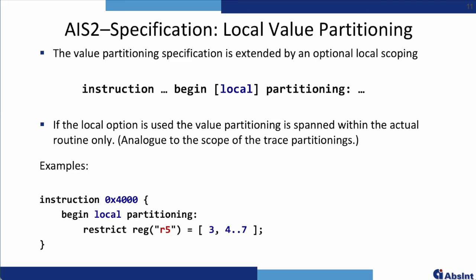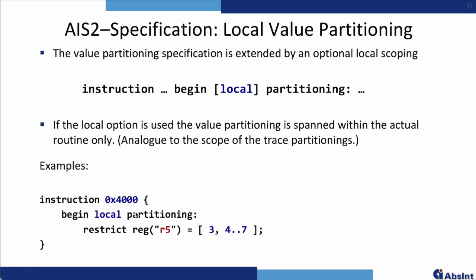So from the point on you started partitioning, the analysis continues to perform all computations in these partitioned contexts, and they can no longer fold together anymore. With the so-called local value partitioning now, if you use that option, then the value partitioning is spanned within the actual routine only. This is very similar to when you use trace partitionings. They also just work within one specific routine scope.